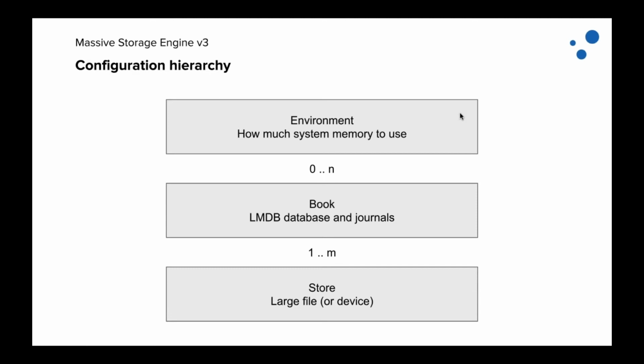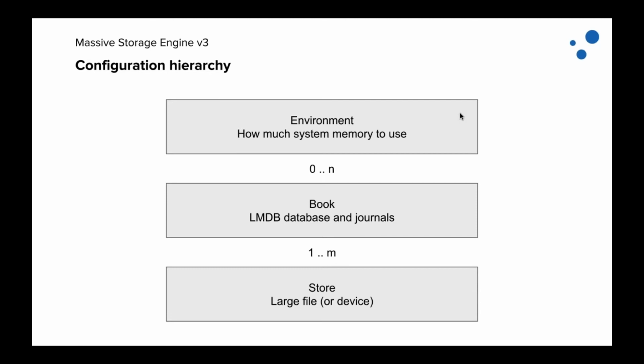One step below, there is the book, and the book is where you configure where the metadata of your stores should be stored. And we have made this into a separate configuration to allow for the setups where you'd like to use spindle disks.